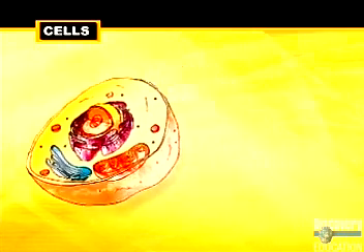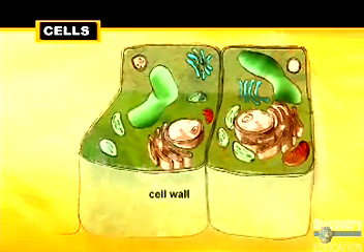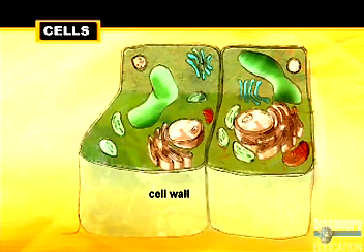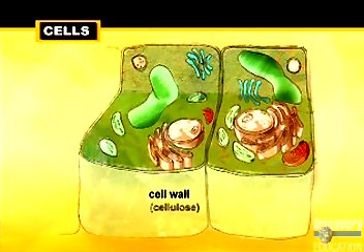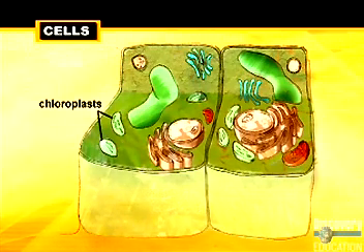Plant cells are different from animal cells because they have a unique feature called a cell wall. The stiff cell wall enables plants to stand upright. It's made of a material called cellulose. Another feature unique to plant cells are chloroplasts.